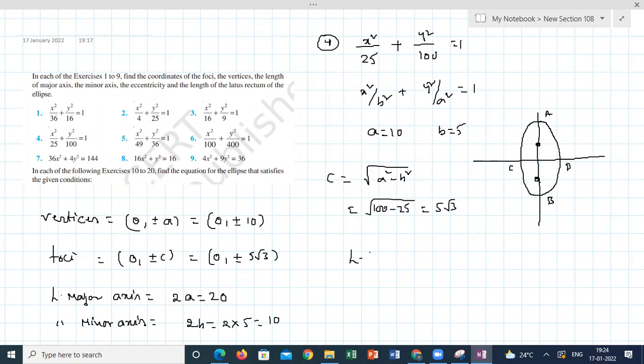Length of the latus rectum, b square by a, 25 by 10, so 5 by 2. Eccentricity, c by a, where c is 5 root 3 and a is 10, so root 3 by 2.